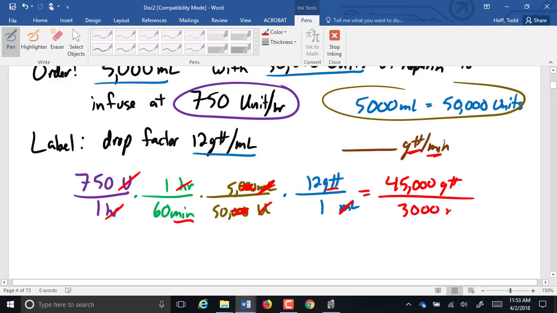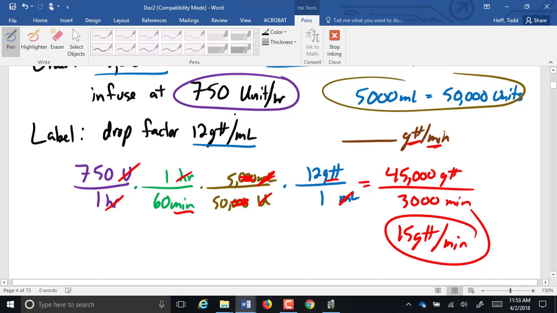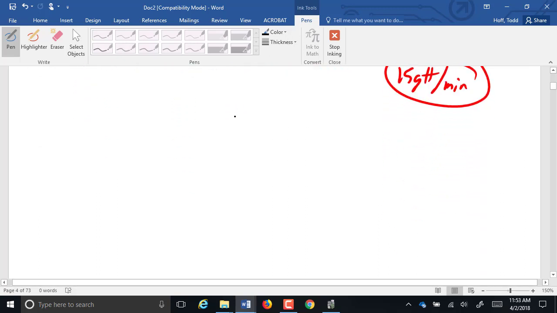That's in minutes as my units on bottom. That divides out to give us 15 drops per minute. So we're working with some strange units, but that's just fine. It still works out. So let's give you guys one to try on your own here.